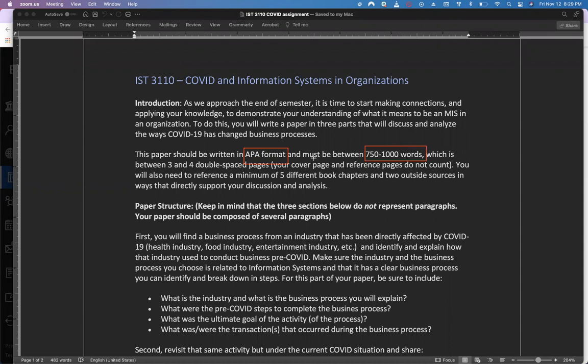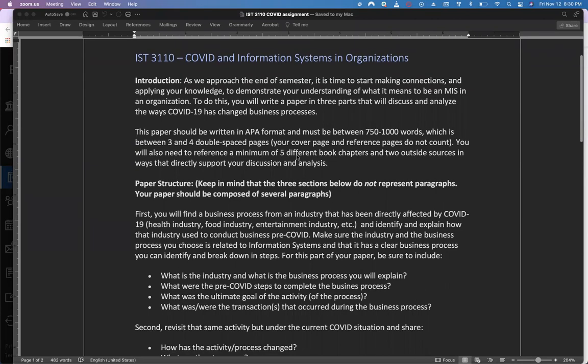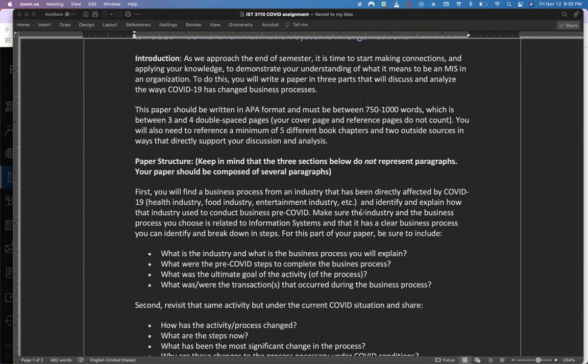So it really is not a lot of work. You're going to have some bullet portions of it and stuff. But that's really the minimum that I'm going to be looking at, and also the different book chapters and stuff. So we've looked thus far at about 11 or 12 of those. So you should really have plenty of things to look at.